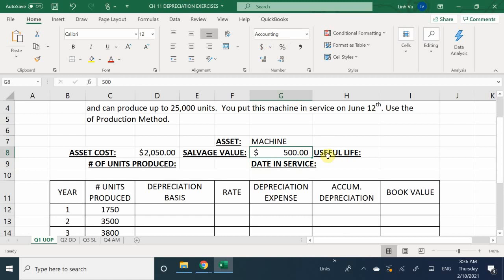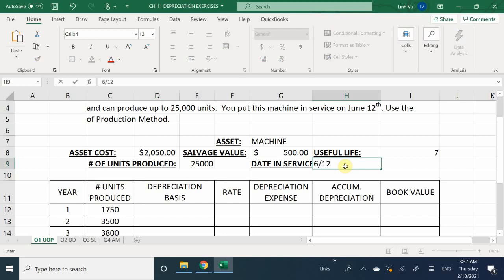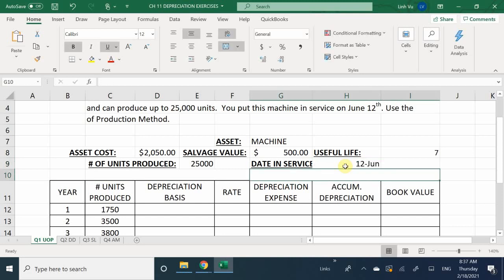What's the useful life on it? 7 years. And how much can it produce? 25,000. And lastly, when did we place this asset into service? June 12. So what does that tell us? When do we depreciate it? We start as of June.